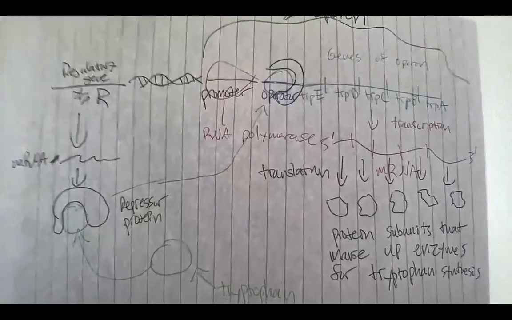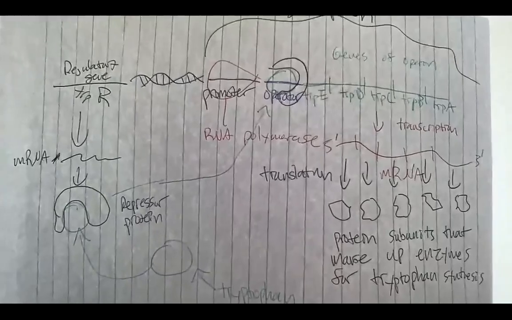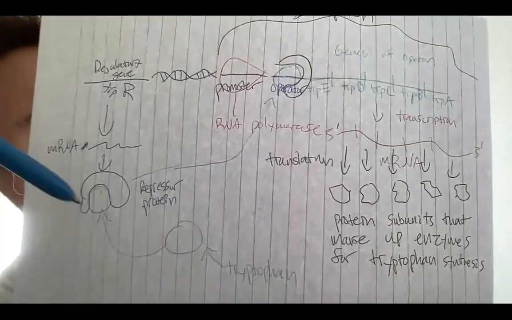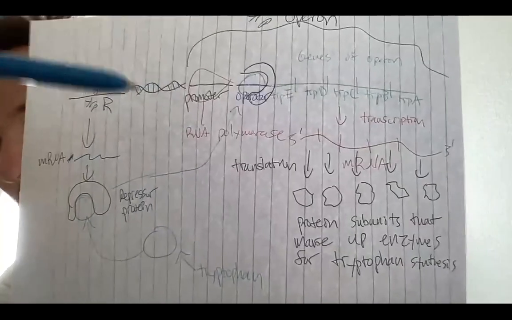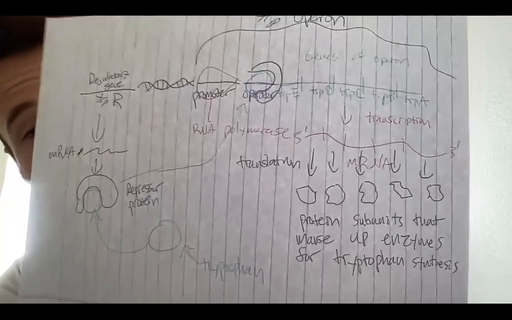We're going to make tryptophan, obviously, right? There's none around. Well, as it begins to accumulate in the cell, it negatively feeds back and shuts down its own pathway because we've made enough.